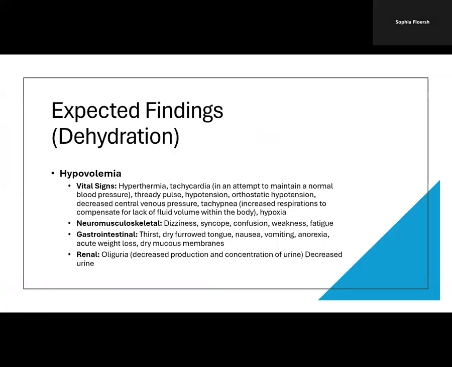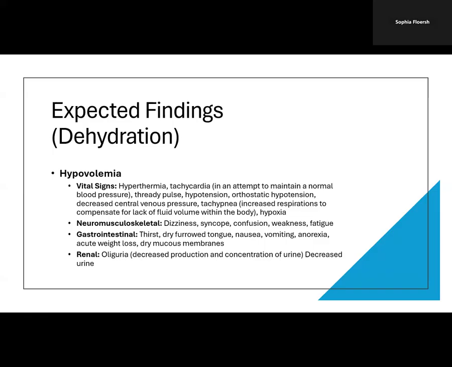So some expected findings. So these are some more signs and symptoms, and I have these on here quite a few times. Vital signs: hyperthermia, so increased temperature; tachycardia, an attempt to maintain that normal blood pressure; thready pulse; hypotension; orthostatic hypotension. So that's where we have to think about, okay, I know that they have orthostatic hypotension.